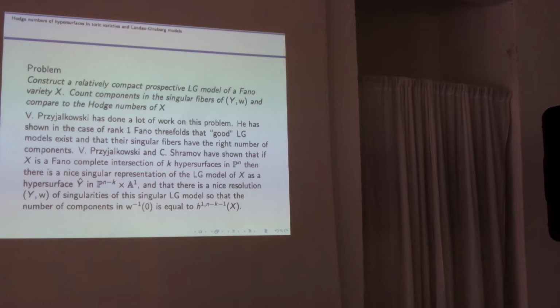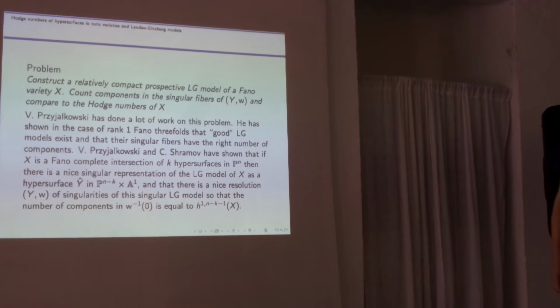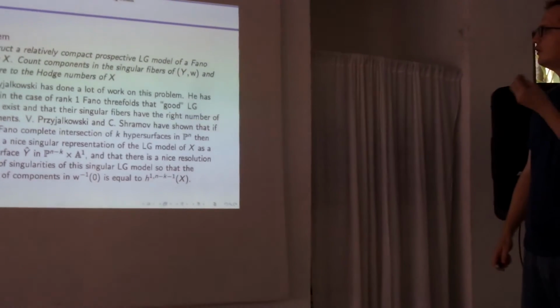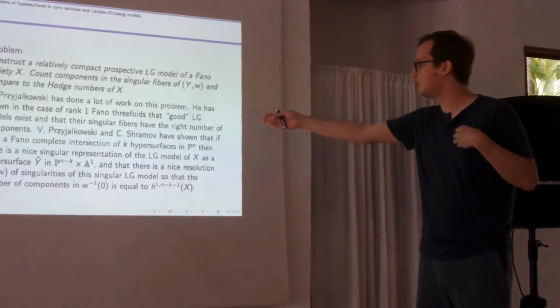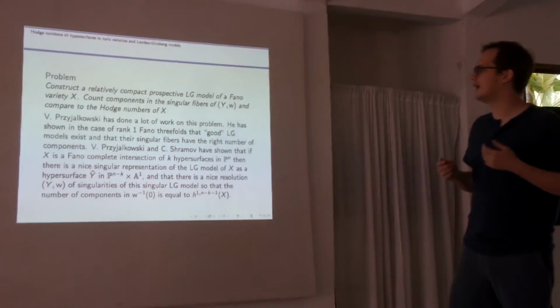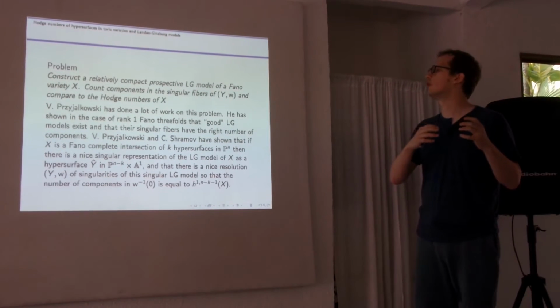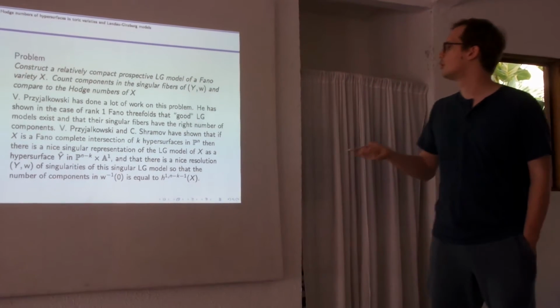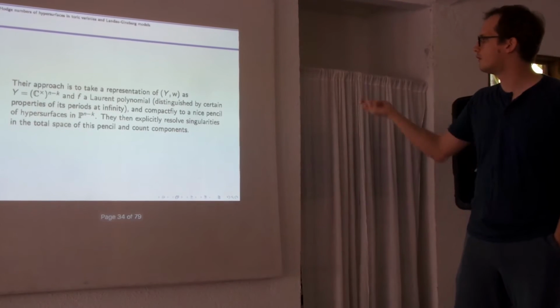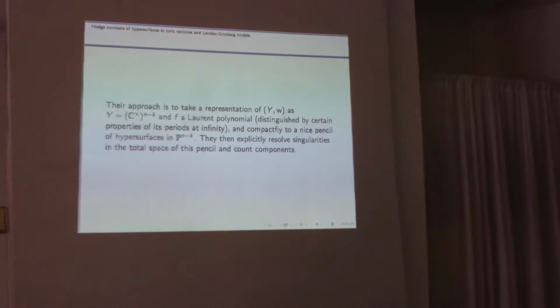In this way they verify this part of mirror symmetry for complete intersections. Sorry, I should say complete intersections of Fanos in Pn. So you have to make sure that the sum of the degrees is less than n plus 1, I think. Less than or equal to. Okay, so this is what I just said.